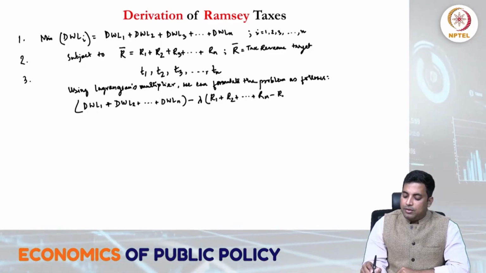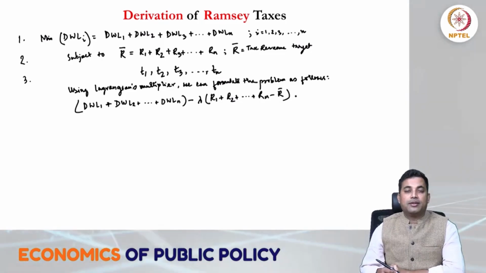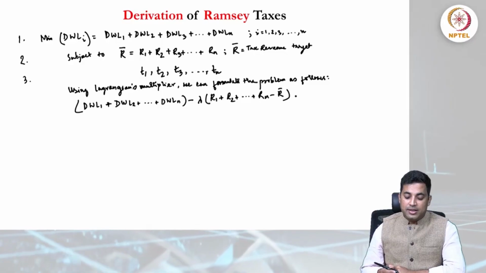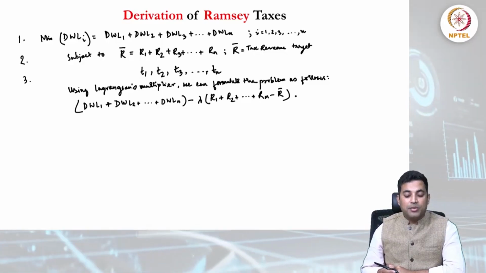As students of economics, we already know that this is how we formulate the Lagrangian multiplier. So what is the objective here?